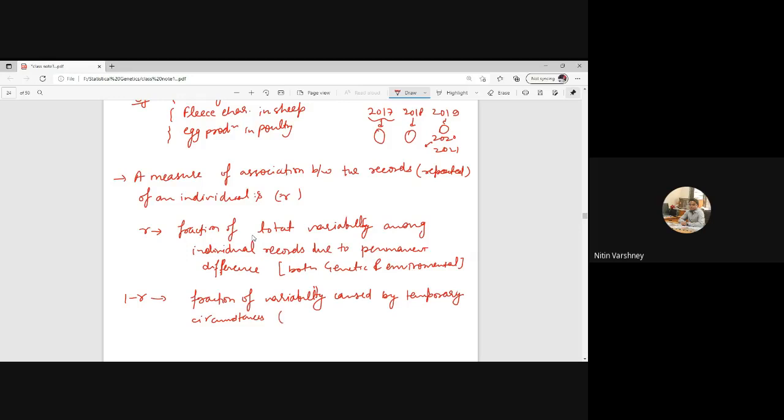So it can vary from one record to another record. So R is the fraction of total variability among individual records due to permanent difference. Permanent difference may be like genetic difference and environment. And 1 minus R is a fraction of variability caused due to temporary circumstances.